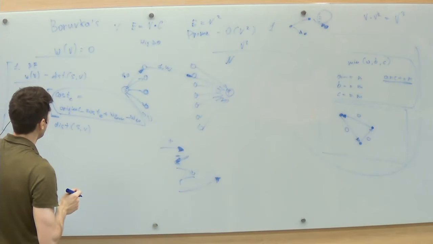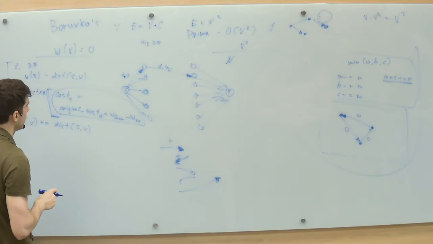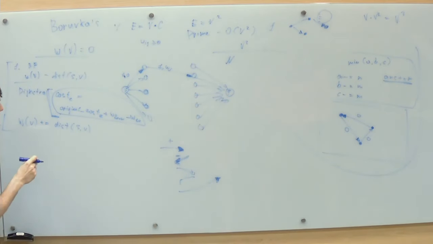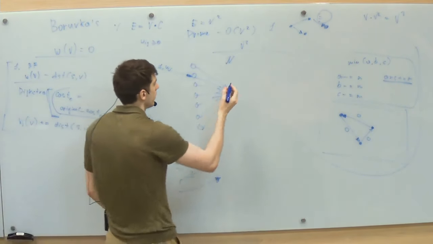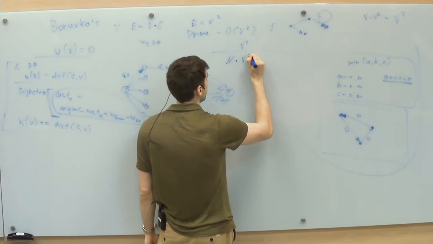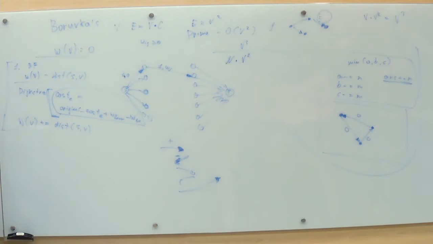So here we do not use any priority queue, any optimization to Dijkstra. We're just using the simple Dijkstra which works in v square time. So just very simple Dijkstra.